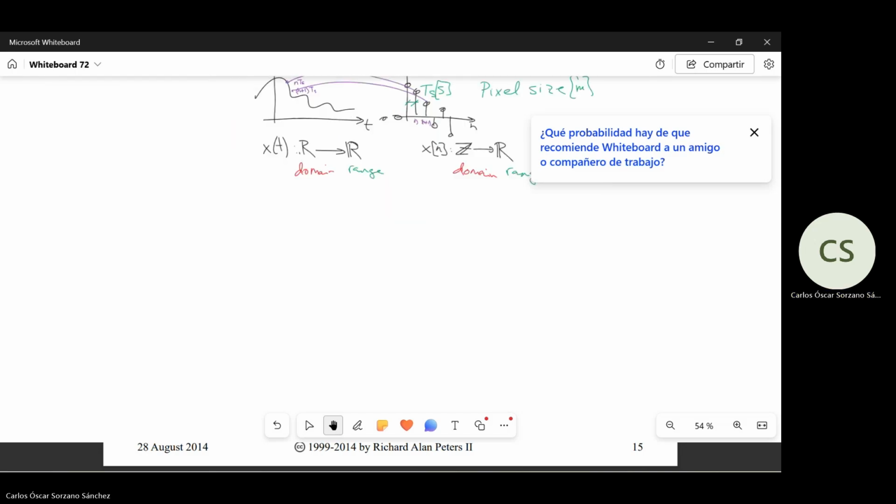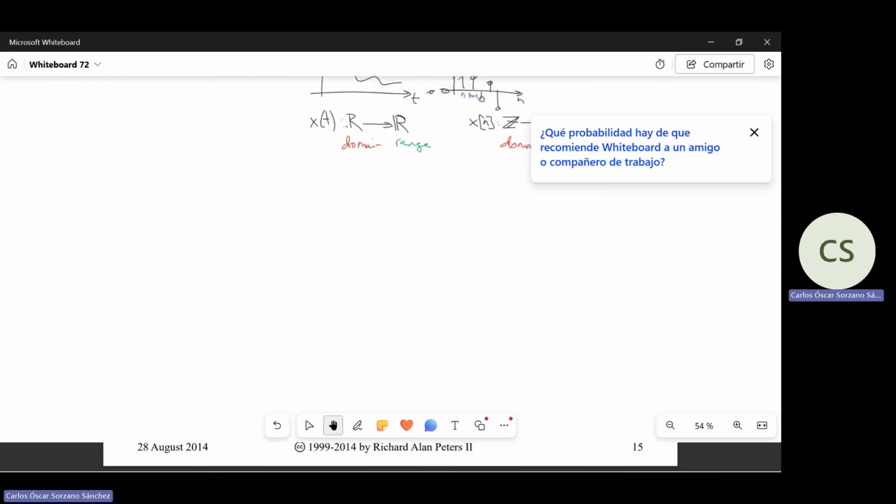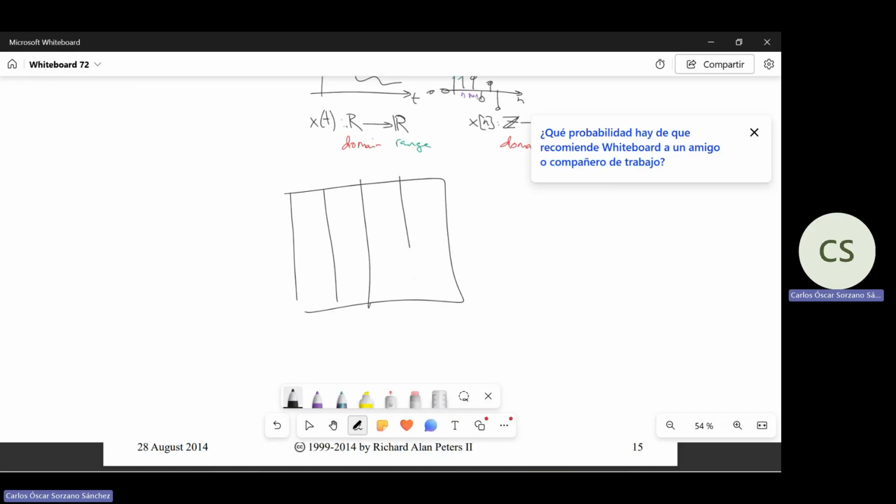Okay. So at the end, it is as if we have some values. Let's do it with only 4 pixels. We have the values at these locations. So my discrete image has values only in those locations, and those locations have the average of all the continuous signal in that square.